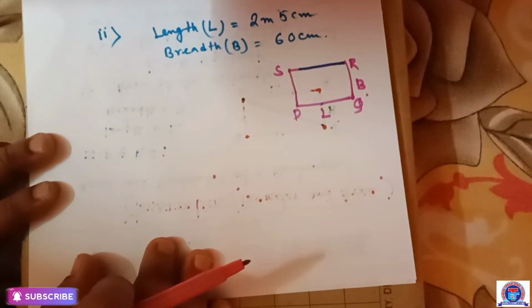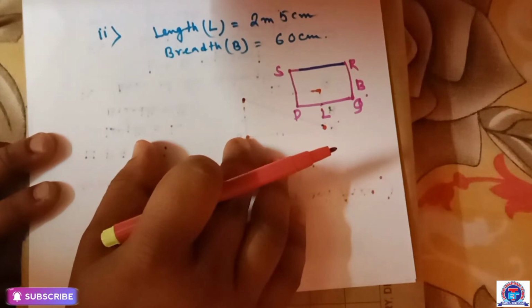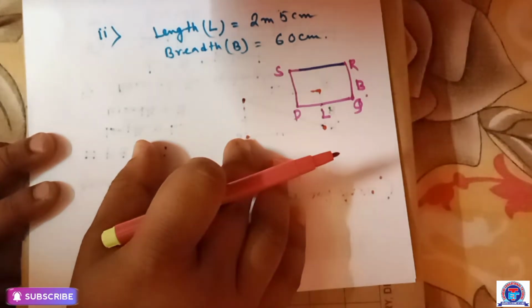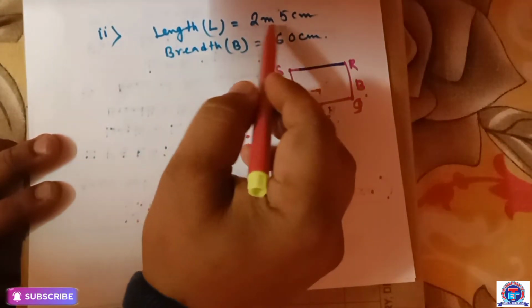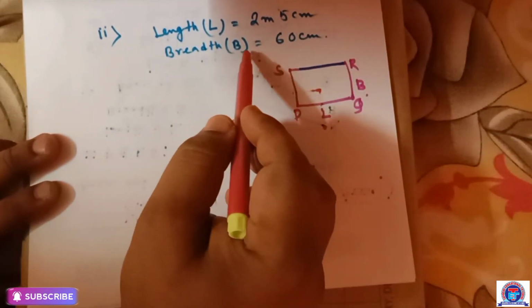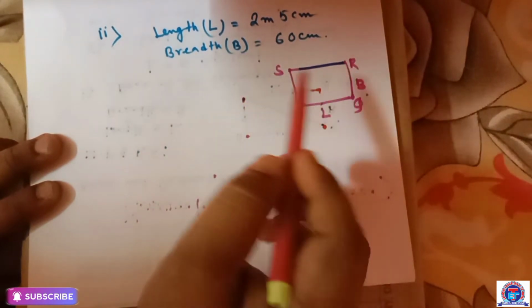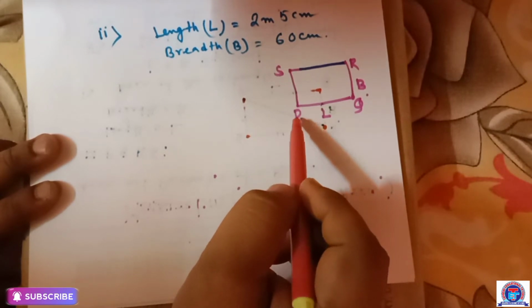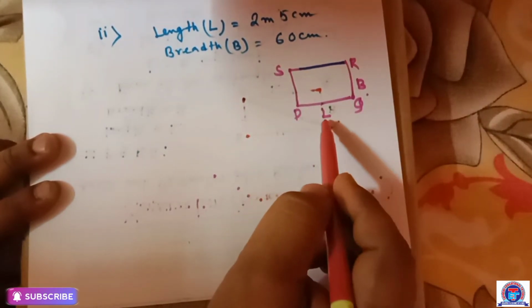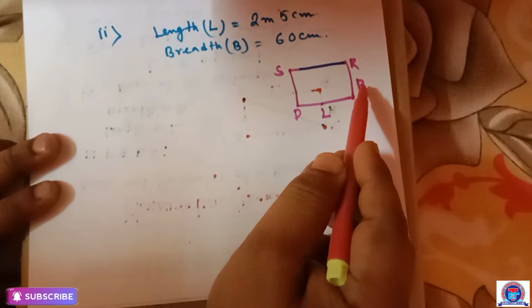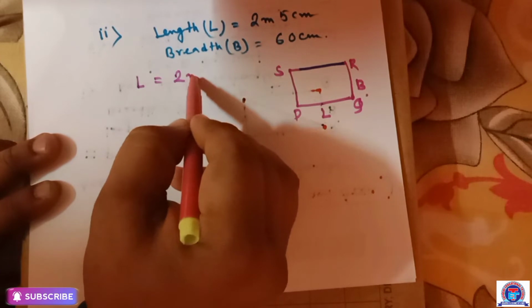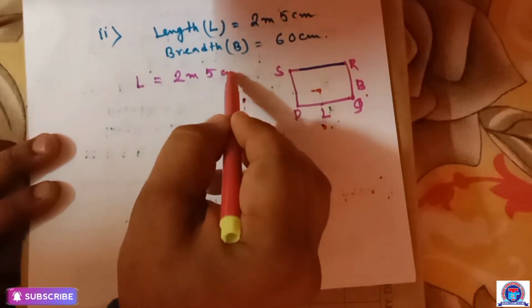Now dear student, again the same mathematical problems regarding this chapter. Find the area of a rectangle whose length is 2 meter 5 centimeter and breadth is 60 centimeter. For better understanding, I draw here a rectangle PQRS whose length L and breadth B. So length is equal to 2 meter 5 centimeter.